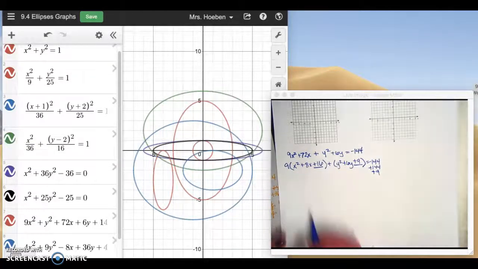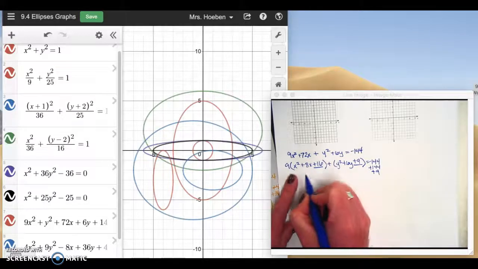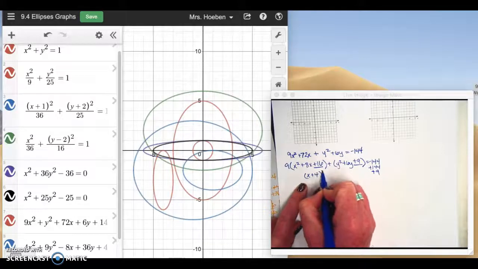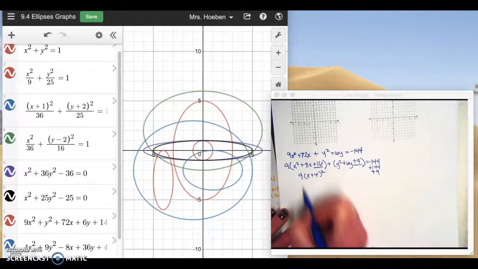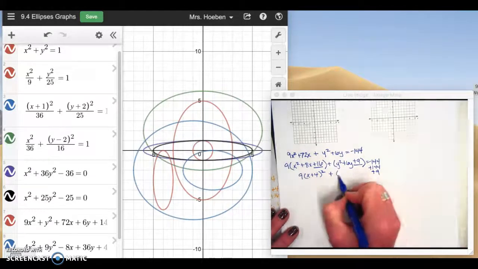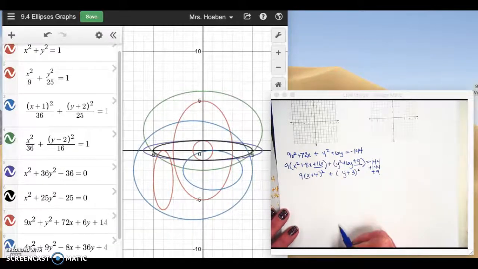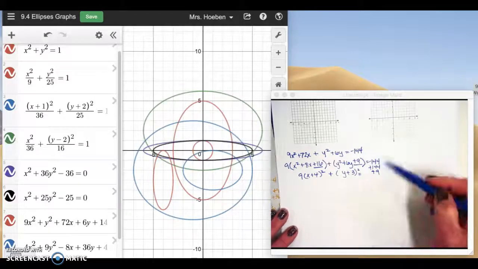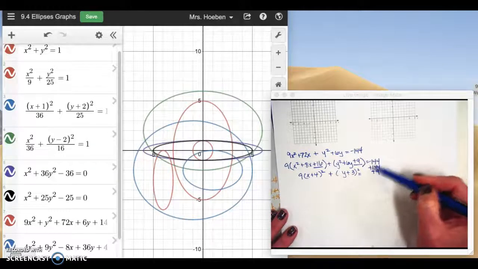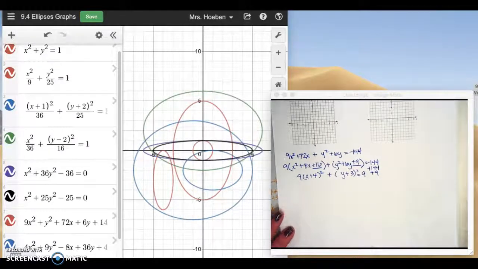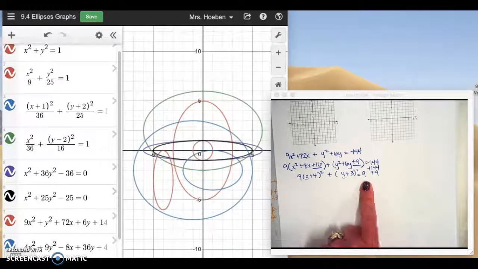Okay, so I'm going to rewrite this trinomial as a factored binomial. So it's the x plus 4 quantity squared, and I have a 9 out front. This one was y, what did we square 3? Y plus 3 squared. And then if you combine all this stuff right here, because these are opposites, you just end up with 9. Okay, but we want the right side of the equation to be equal to 1.